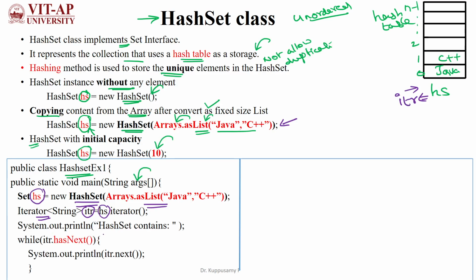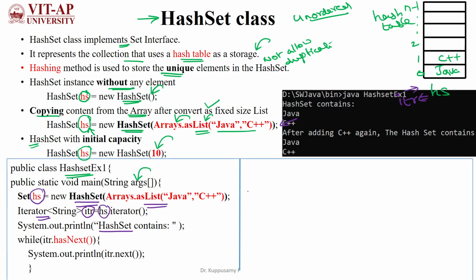Then we are checking that the HashSet has the elements. Now you should look at the output. This is the output, the statement HashSet contains. Then itr is checking whether it has a next element or not. Yes, it has Java, which is printed as the current element. Then it moves to the next element in the structure.